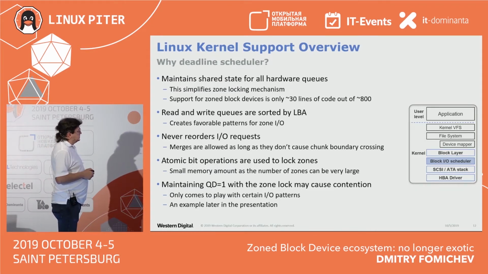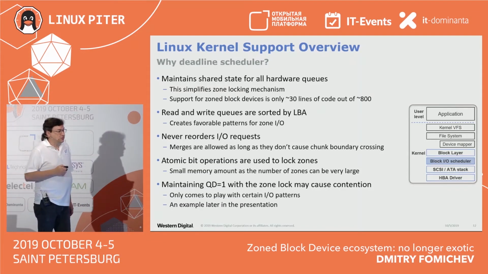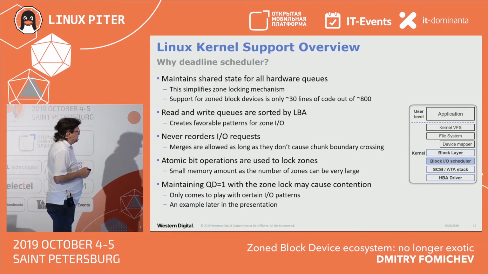Actually, the code is in the deadline scheduler. It's very favorable and fits almost ideally for block zone device support. And as you can see, only a tiny portion of that code is dedicated to that: the part that locks every zone and maintains the queue depth of 1.